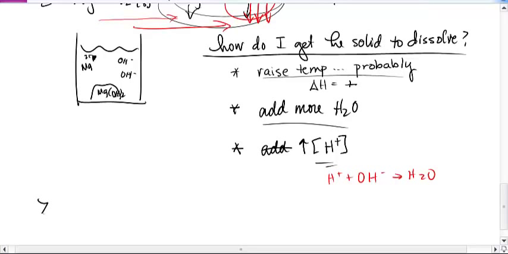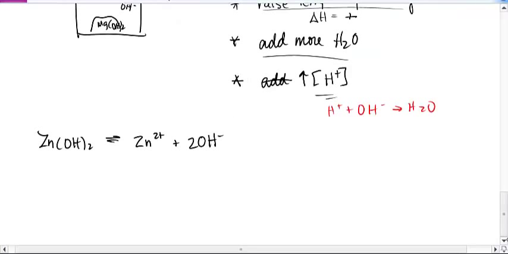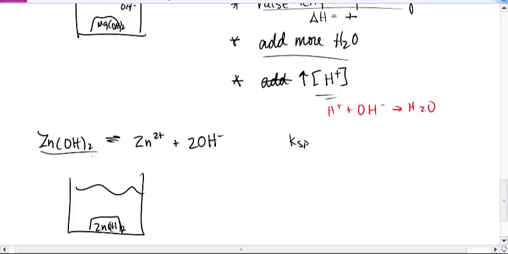I'm going to compare it to one other thing, very similar, zinc hydroxide. And the thing that's going to change here is that zinc is a transition metal. Now, consider where we started and what transition metals could do. So I put some zinc hydroxide in some water. I don't know what the zinc hydroxide KSP is, but this is insoluble, so we know it must be fairly small.